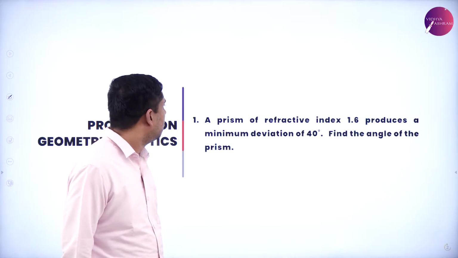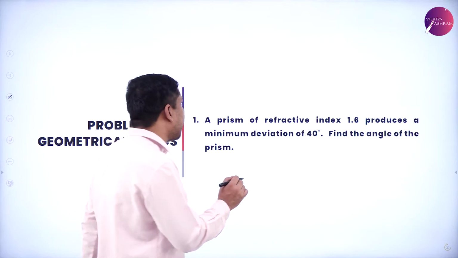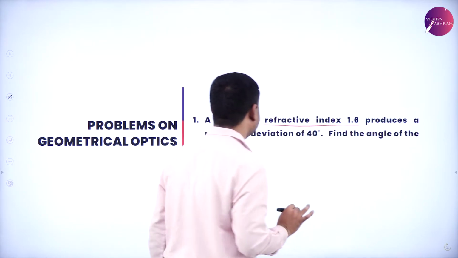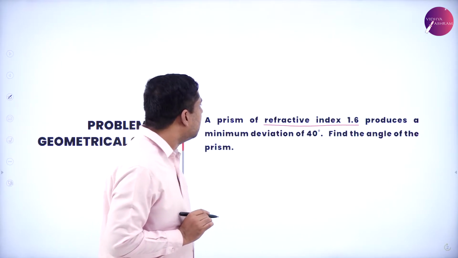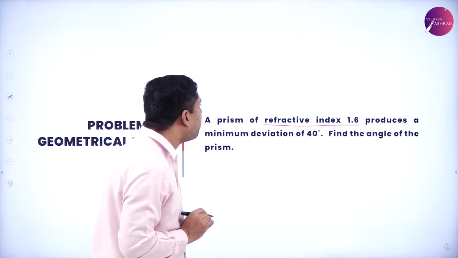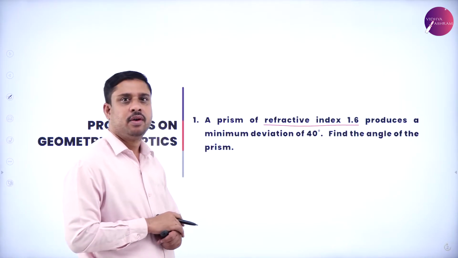Now, the problem says a prism has refractive index 1.6.